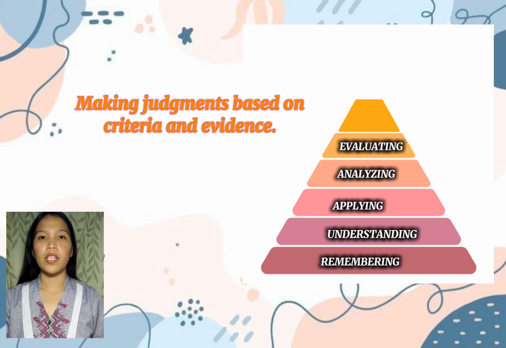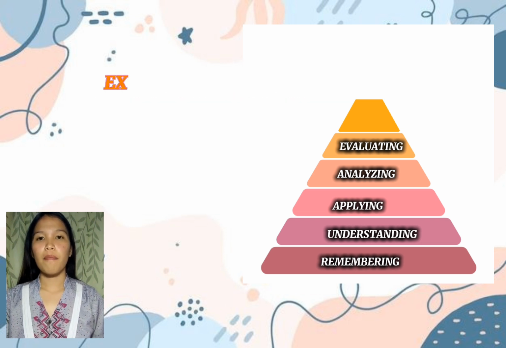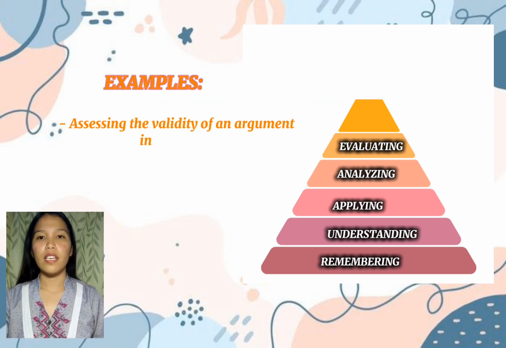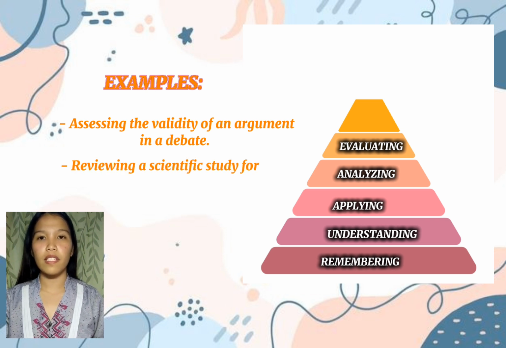Instead of simply recalling, understanding, applying, or analyzing information, learners at this stage assess the quality, reliability, and validity of data or arguments. For example, assessing the validity of an argument in a debate and reviewing a scientific study for accuracy and bias. This level involves forming justified opinions and decisions, requiring critical evaluation of information.